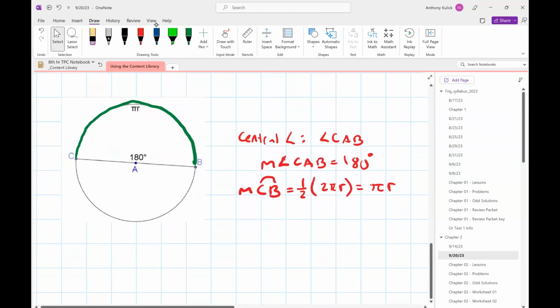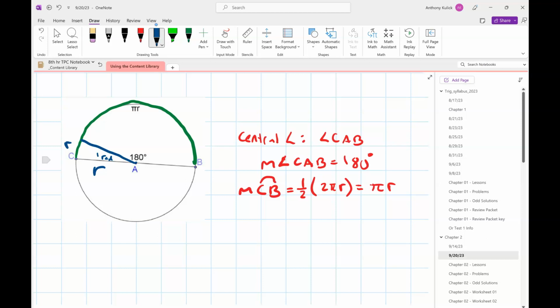So our radius is r. So if I make an angle like that, that's 1 radian there, right? Does everybody agree with that? Because the arc length and the radius are the same distance.